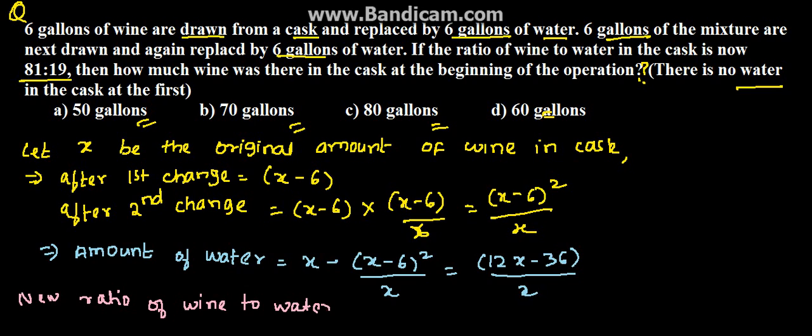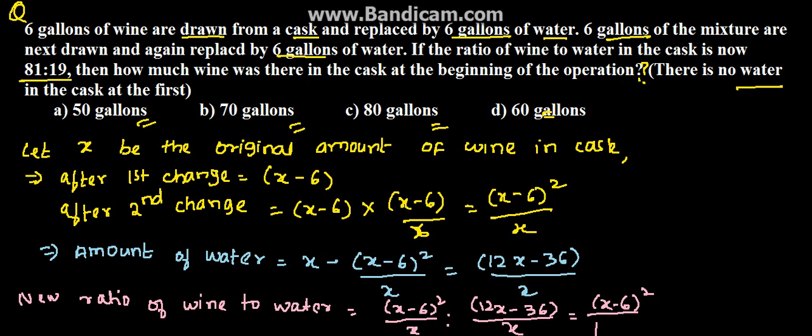So the new ratio of wine to water is equal to (X minus 6) the whole square upon X is to (12X minus 36) upon X, which is equal to (X minus 6) square upon (12X minus 36).